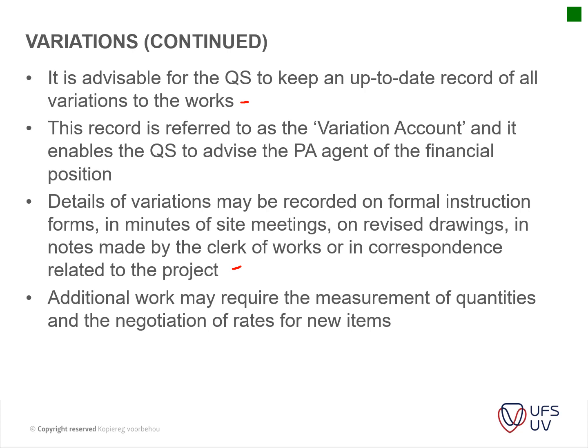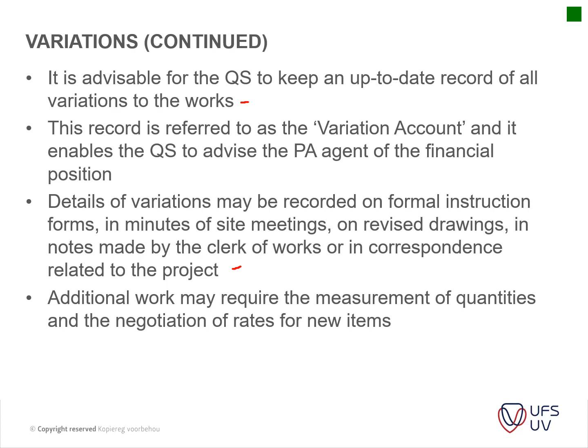So usually if it's an addition of items that have been included in the bill of quantities already, but the quantities weren't measured to the right total, those items are easily adjusted because you've got a rate that you can just apply to the remeasured quantity.